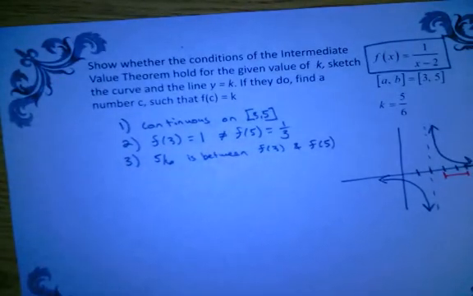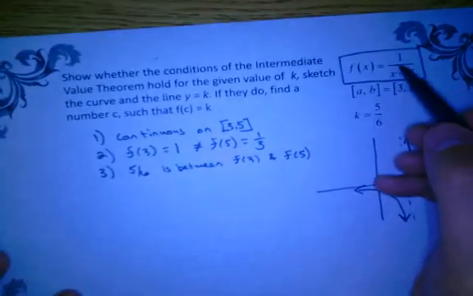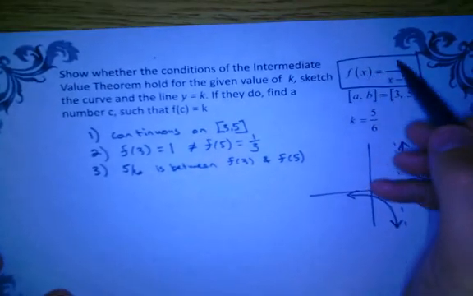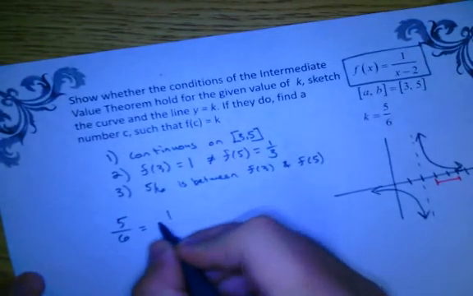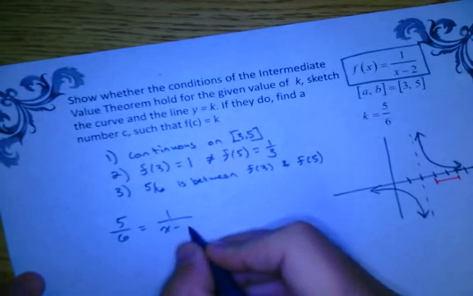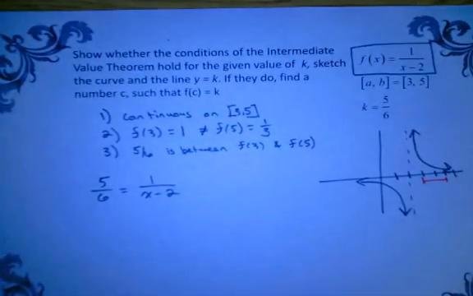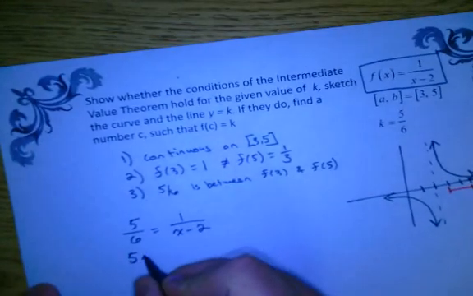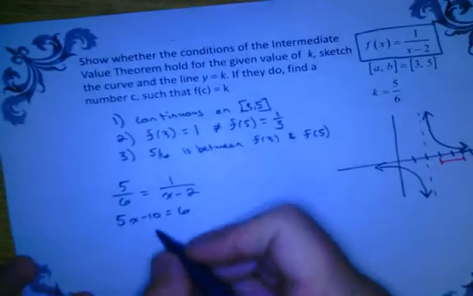Now it does want us to find a value c. So to find that c value, all you're going to do is plug this 5/6 into here. So the function of the height will equal 5/6 at what c value? Then all you do from here is solve. So you're going to get 5x minus 10 equals 6 by cross multiplying.